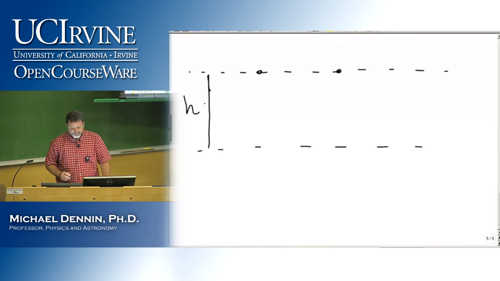So this is some height. They're starting at the same height, h, and the only difference is one of them has v naught equal to 0. And the other one has v naught in a horizontal direction.